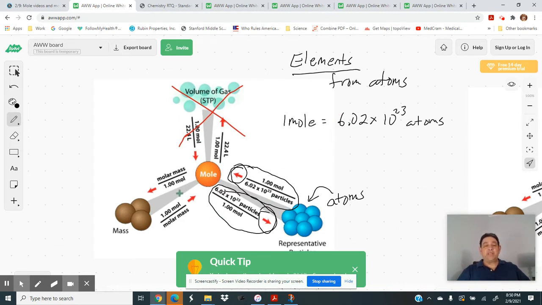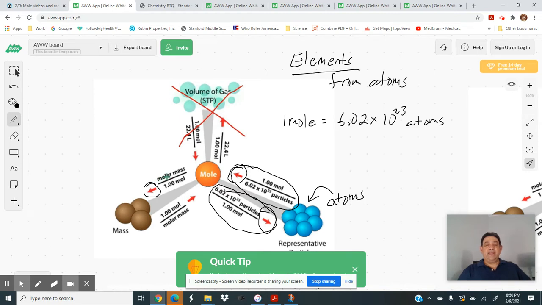The other 2 of the 4 sample problems I have to show you are between moles and grams. When you want to turn moles to grams, going in this direction, you use molar mass over mole.